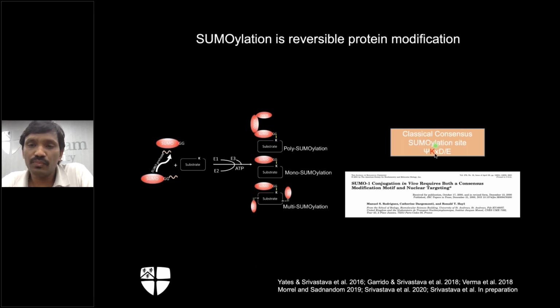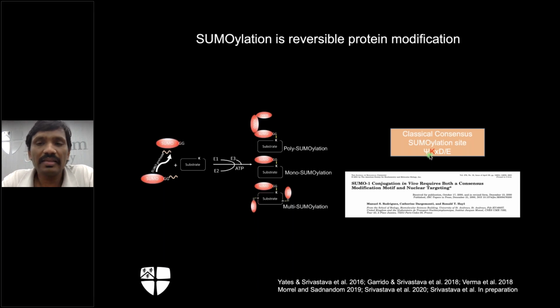We wrote a whole program, and we have software to identify this specific lysine in a substrate. Recent studies have shown that this SUMO conjugating motif can have different variant forms. So identifying the lysine is the challenging part in SUMO conjugation and the SUMO field.